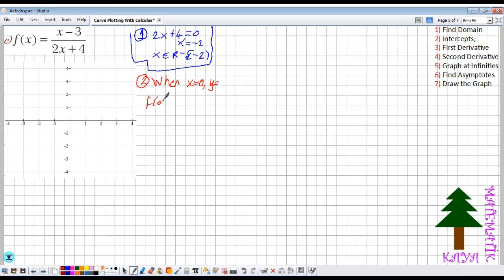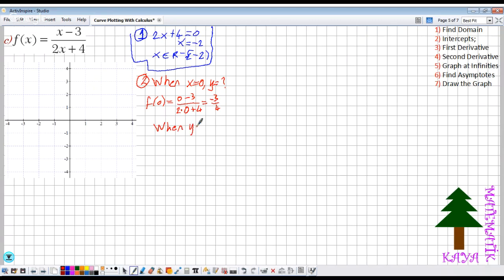F of 0 is equal to 0 minus 3 over 2 times 0 plus 4. You will find minus 3 over 4.